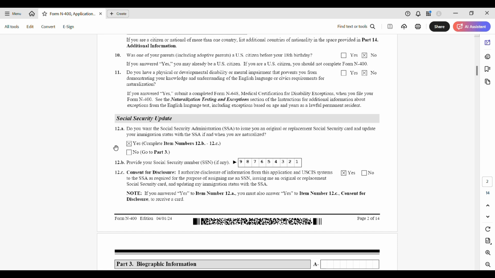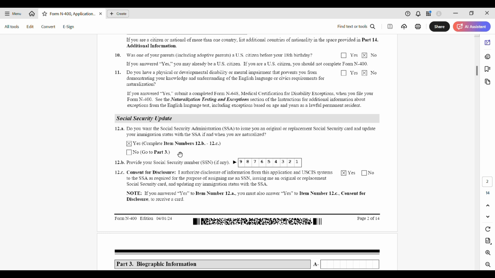So you can opt to say yes or no. This is basically asking if you would like to apply for a new Social Security card via this application, because at this stage, if you are approved for citizenship, you would need to update your Social Security information. So instead of you doing that yourself, separate and apart, after you receive your citizenship, what they are basically saying is, if you are approved, the USCIS would submit that application on your behalf.